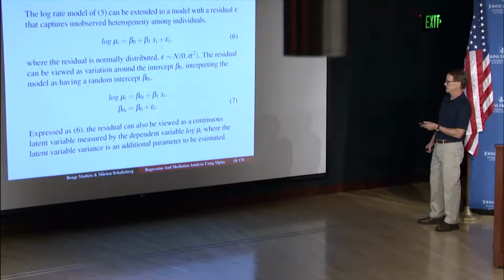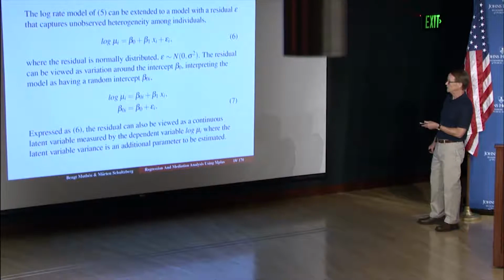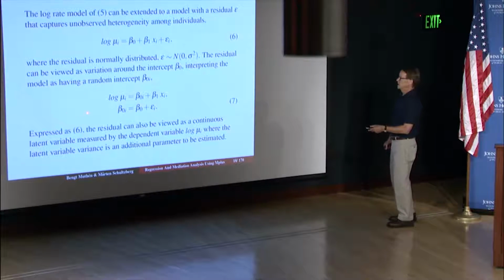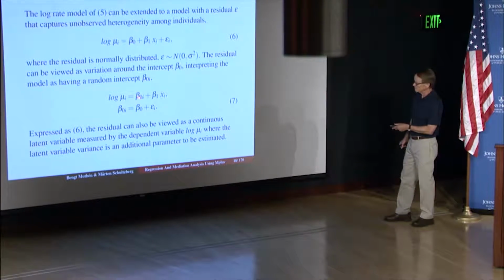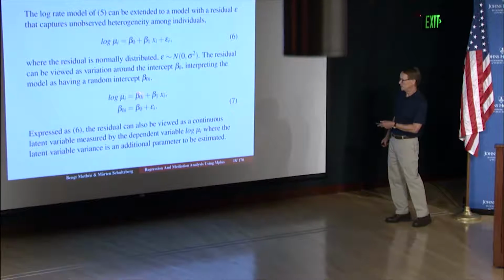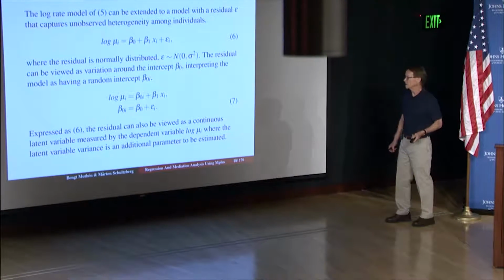And you can look alternatively at this, as we will do a couple of times today, as having a random intercept. So when you have a coefficient parameter, rather, that has a subscript i, that means it varies randomly, meaning that it varies across individuals. So this is not a fixed coefficient, it varies across individuals, just like in multi-level modeling.